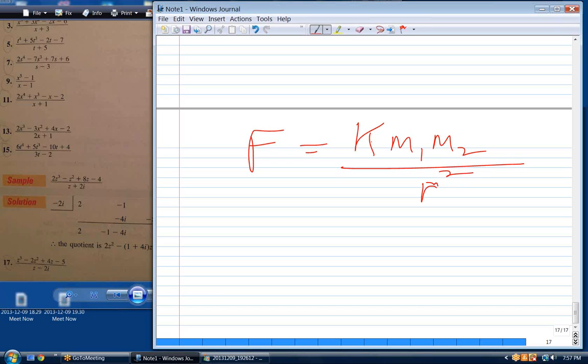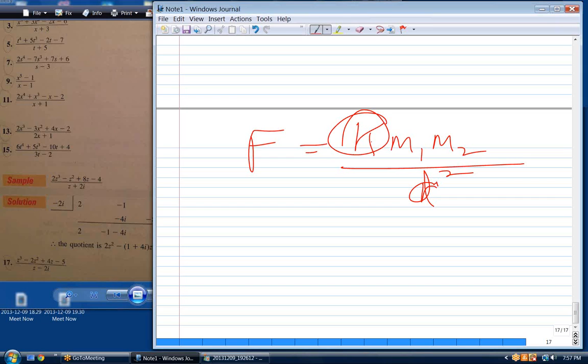Or I guess I should use a d there. And this k ends up being 9.8 meters per second or 32 feet per second squared.